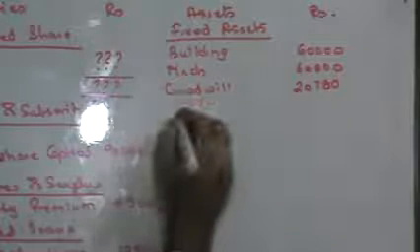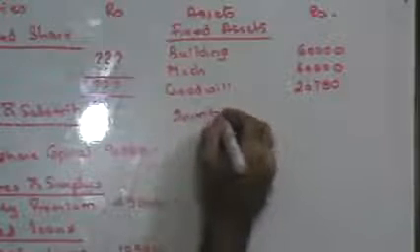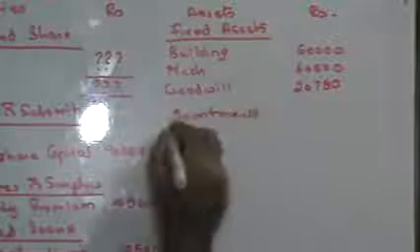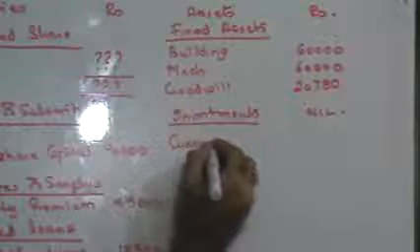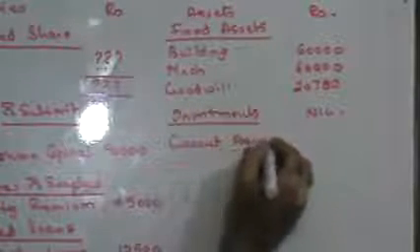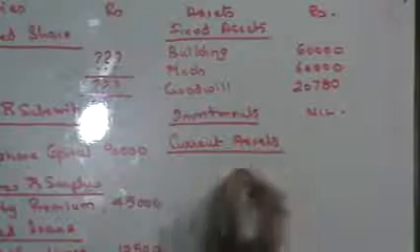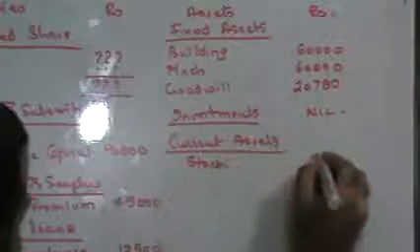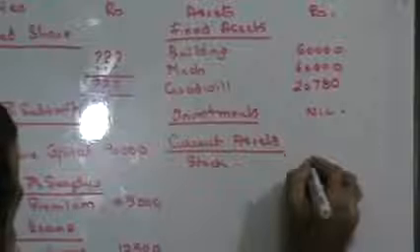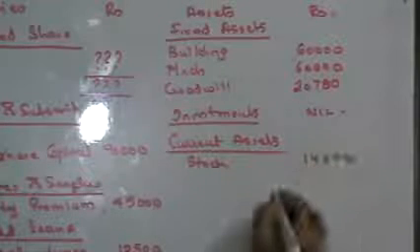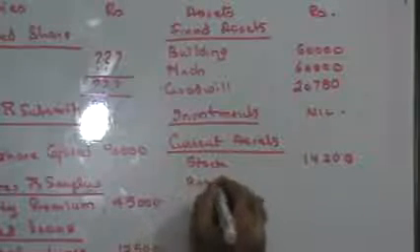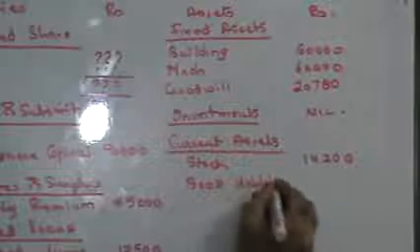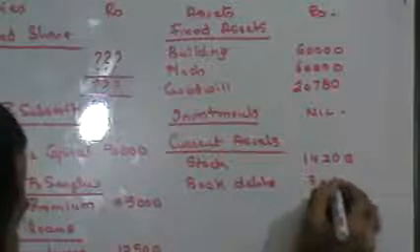That's it. Investments nil. Current assets. Under current assets you have stock 14,200. Book debts 3,420.